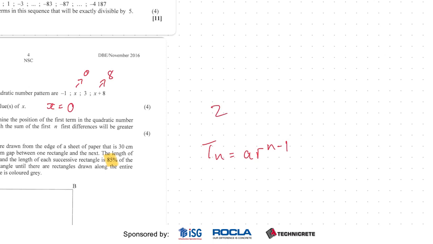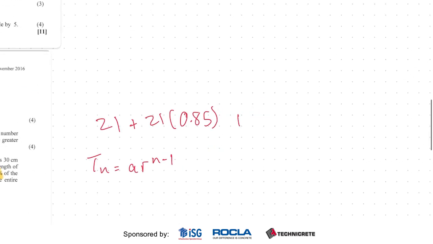Maybe let's write down the sequence first. The sequence is 21 as our first term, plus 21 times 0.85, plus 21 times 0.85 squared.